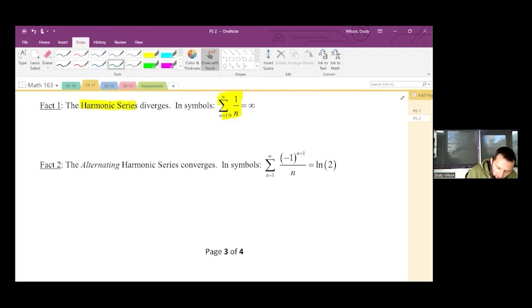We're saying that 1 plus a half plus a third plus a fourth plus a fifth plus dot, dot, dot. If we add up an infinite number of these fractions, even though they get smaller and smaller, this is going to equal infinity. So that's fact number 1.